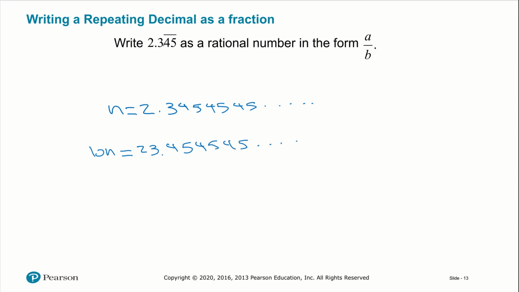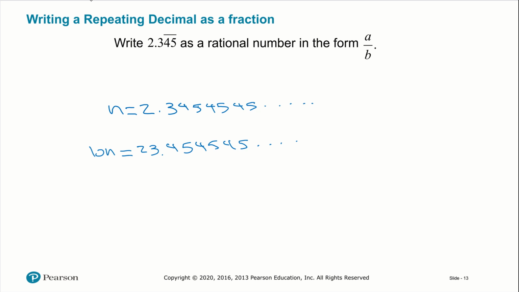Now, if you notice, these two aren't going to line up nicely, right? So not to worry. What we're going to do is we're going to get clever. So we're going to multiply again, but this time I'm going to want to multiply and move the decimal all the way here, right? So that means I'm going to multiply by 1,000. So because I need to move it 3 places.